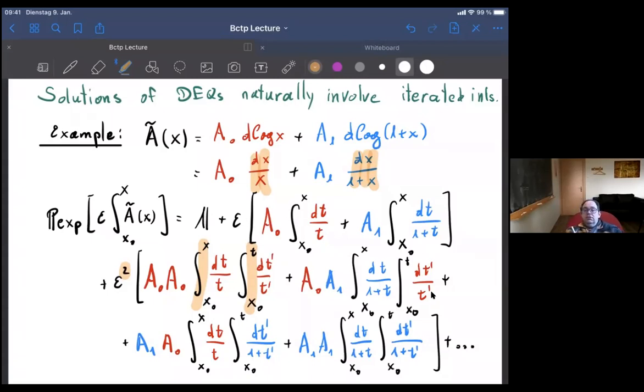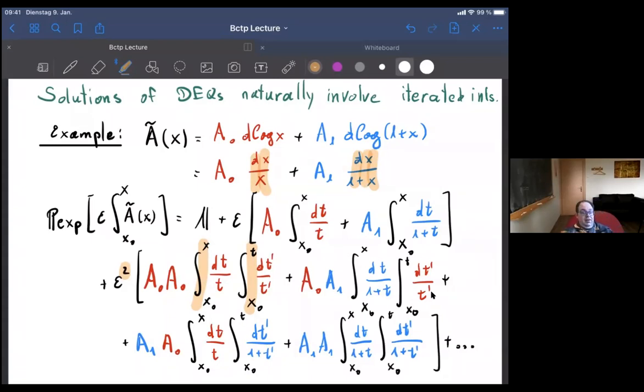So this means that iterated integrals are the natural language of the kind of analytic functions that you get for Feynman integrals. Now, it looks like this is what comes out of me having set up the calculation in this way, but it's actually much more general, because once I have finished the calculation, I don't know anymore how I did it, that I used this canonical form and its path ordered exponential.